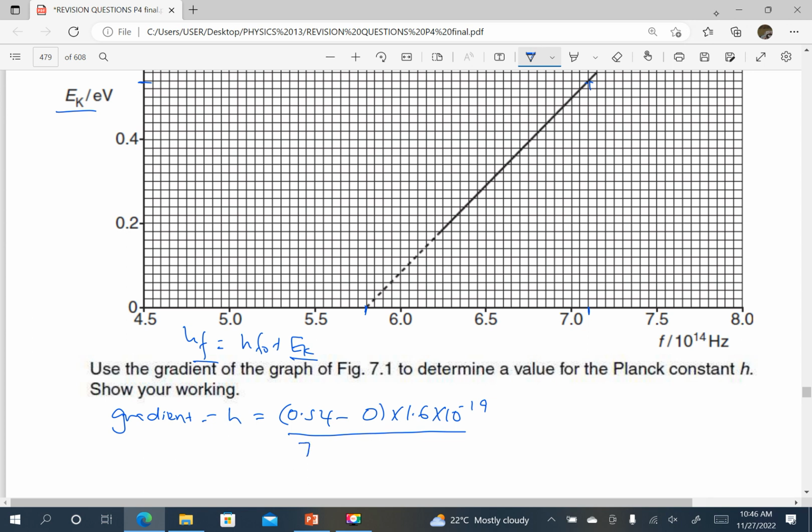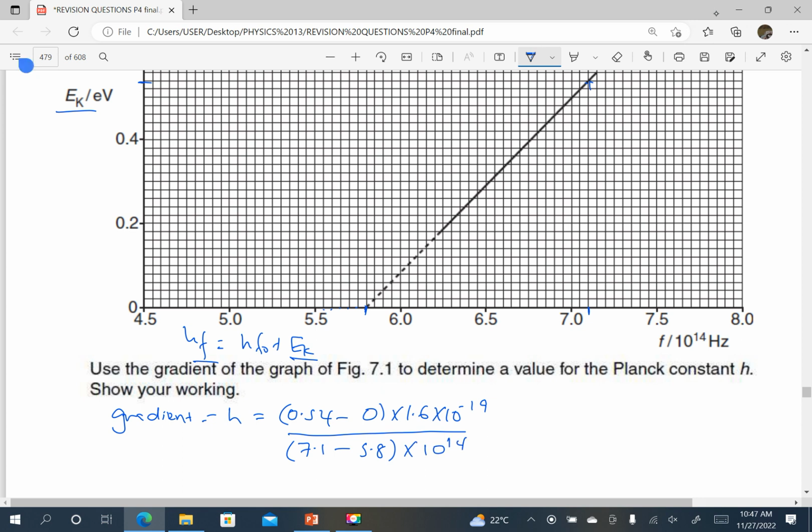So this is 7.1 minus 6 times 0.05, which is 0.3. So that is 5.8, and here it is times 10 to the power 14.